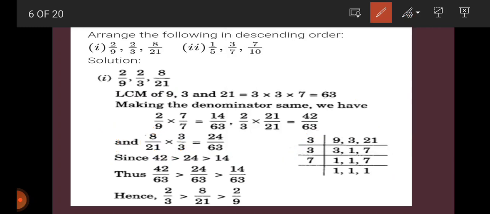Okay, so that is how I found the first, second and third.